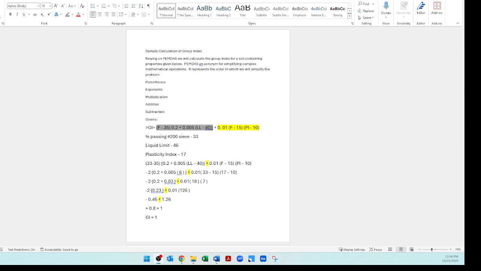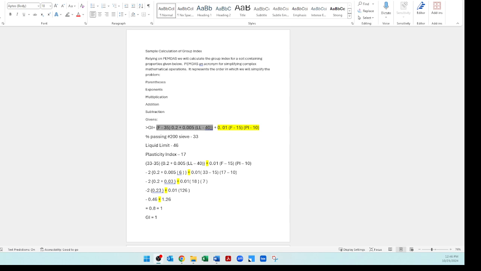Week 6 also begins the preparation for actually classifying soil using the AASHTO and/or the Unified Soil Classification System.